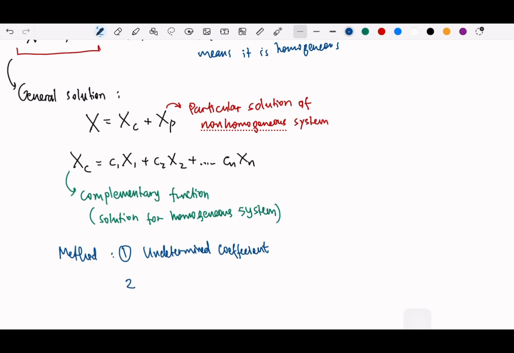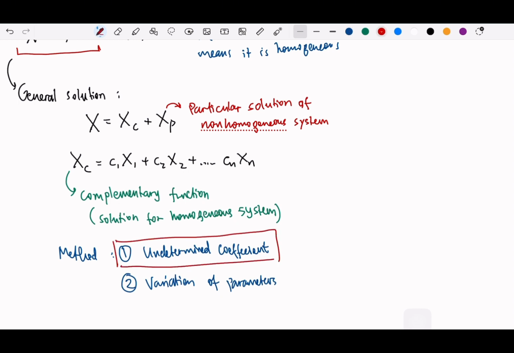And the second is variation of parameters. But since putting both methods would be too much content, I will just focus on the first method, okay? We only cover this.